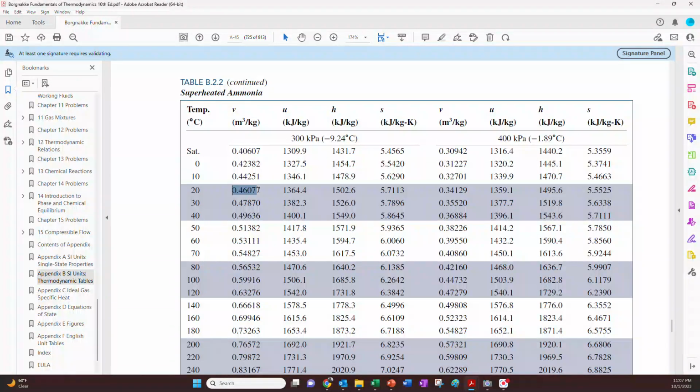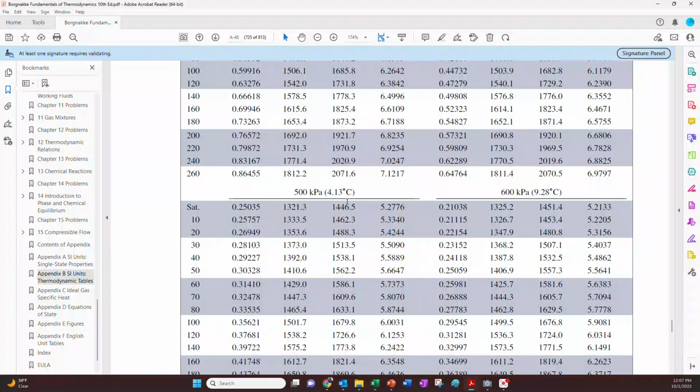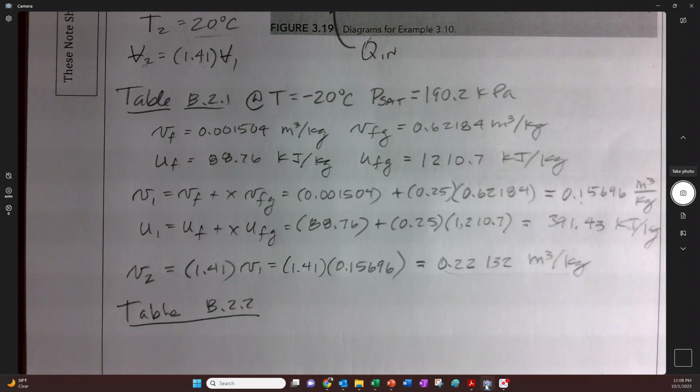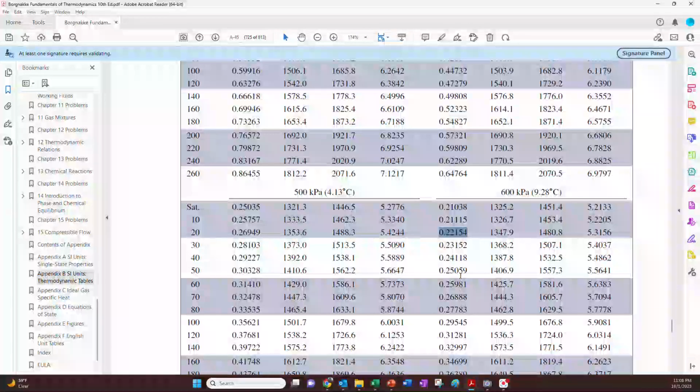Here at 20 degrees, we got 0.4, got 0.3 at 400. Let's see, where did I say 20 degrees, right? 0.62, oh wait, 0.22154. That's really close to us, all right? We needed 0.22132. Right here.